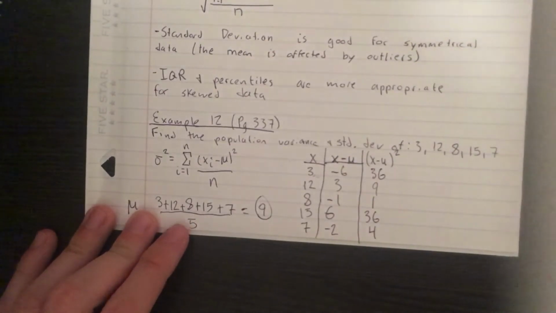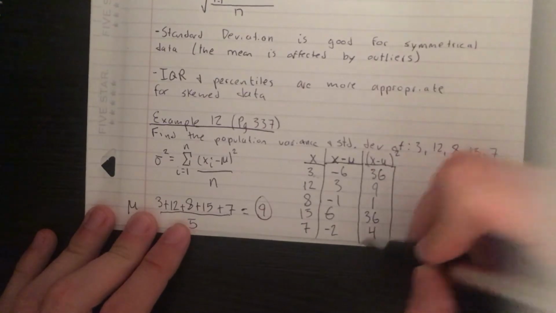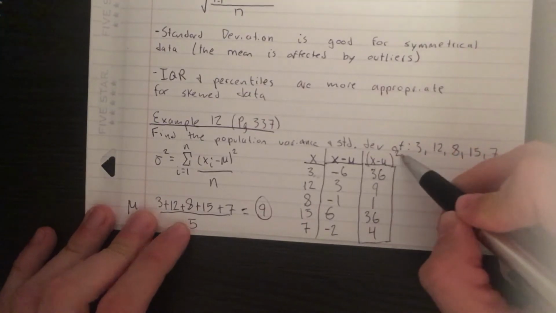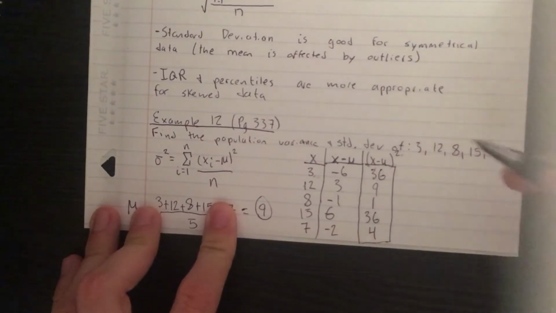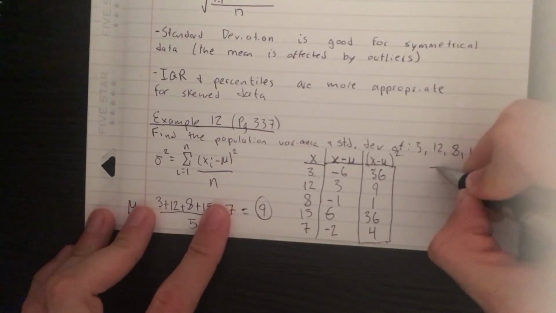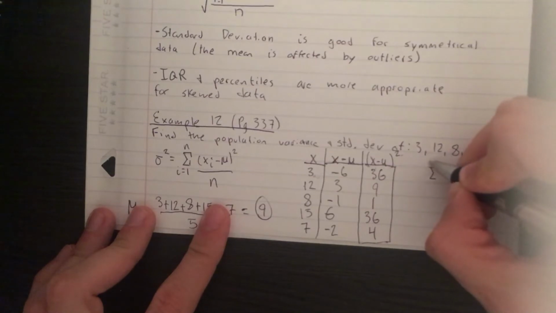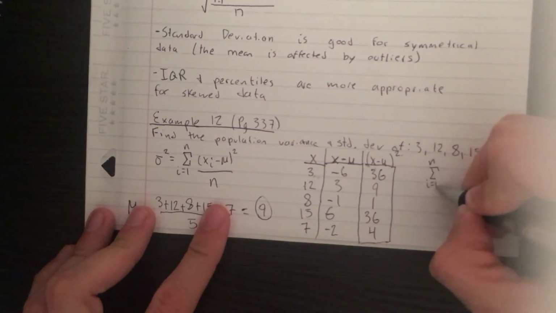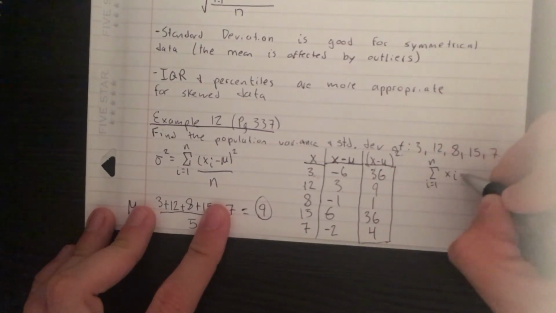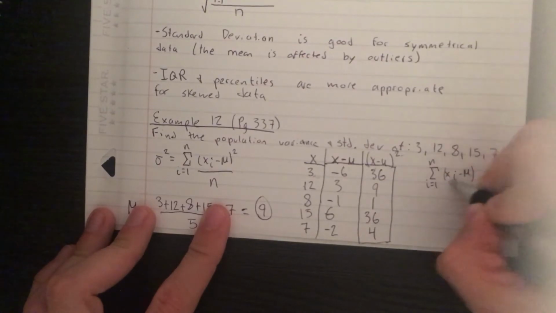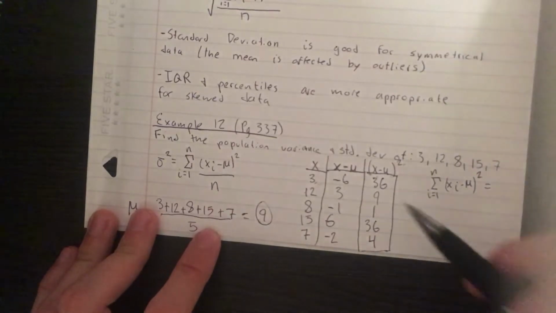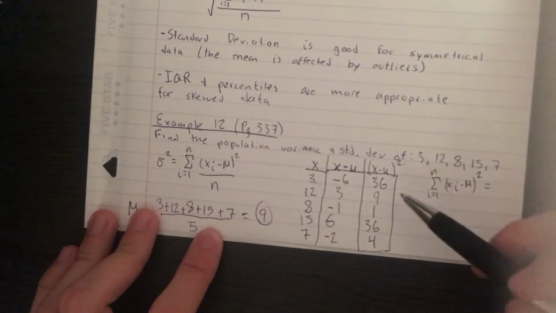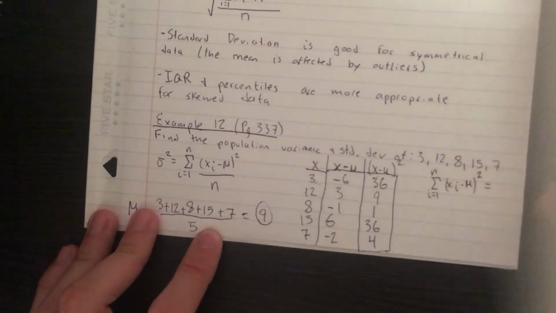So what this says here, this x minus mu squared, is that when we add up all of this stuff together, that's what this sigma right here is going to be equal to. We're adding up all of the data points of xi minus the mean squared. In this case, if we add all that up, 36 plus 36 is 72, 81, 82, 86.